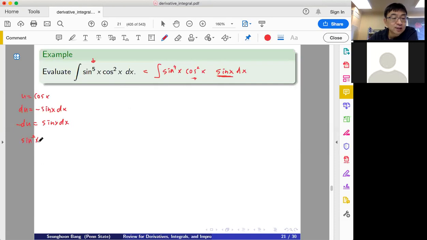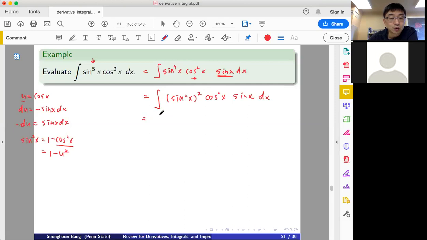Sine squared of x is 1 minus cosine squared of x. Cosine x is u, so plug in: 1 minus u squared. So the integral of sine to the 4th becomes this form, times cosine squared of x sine x dx.